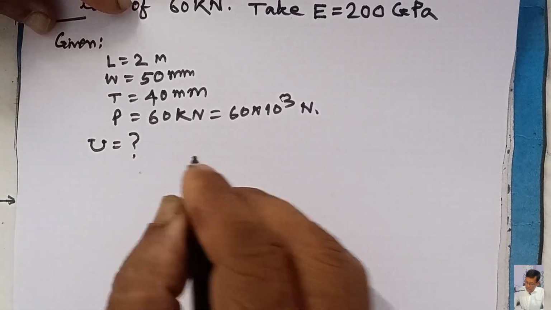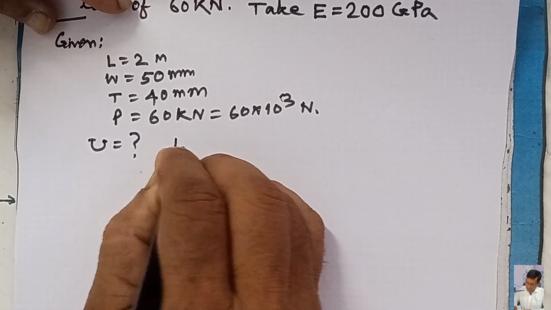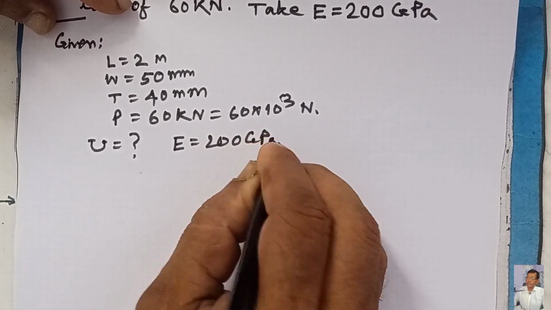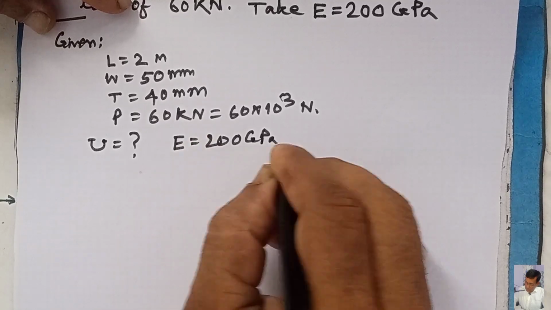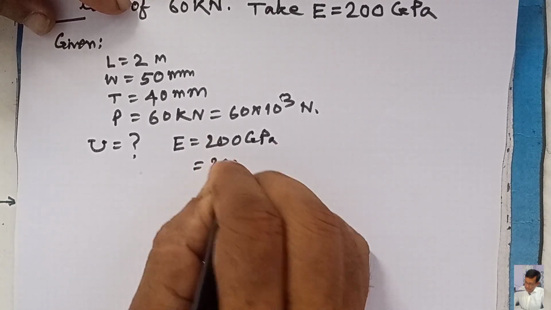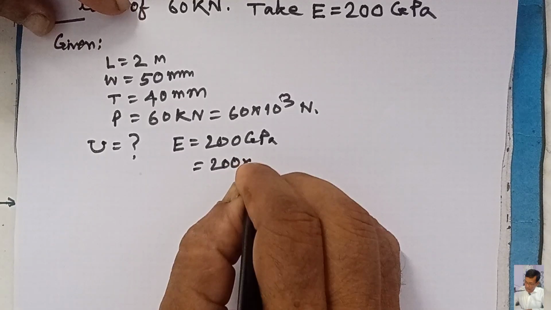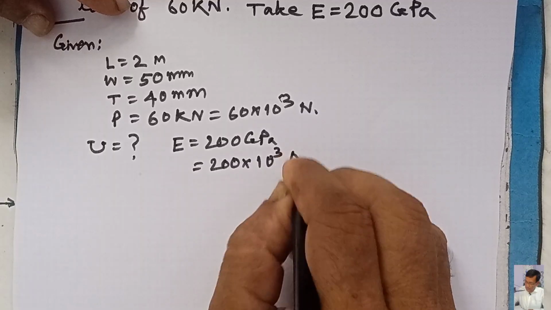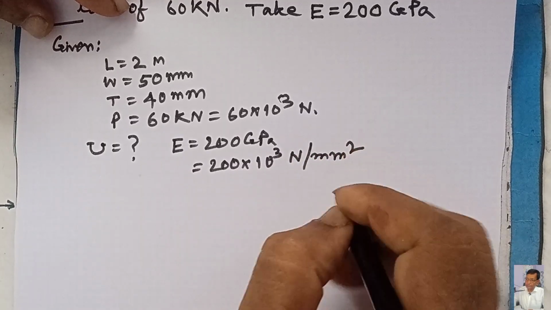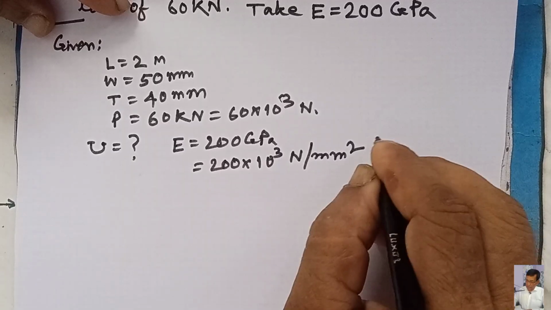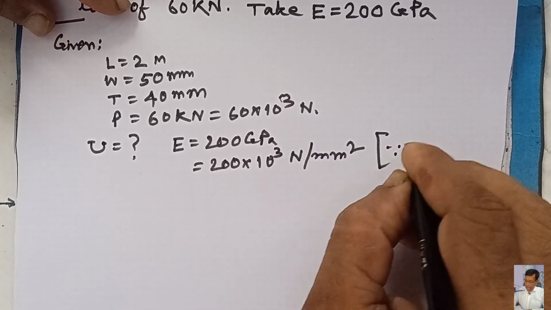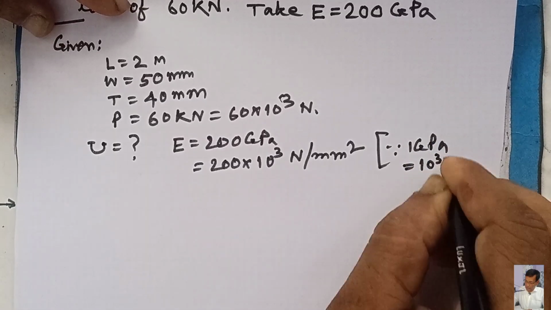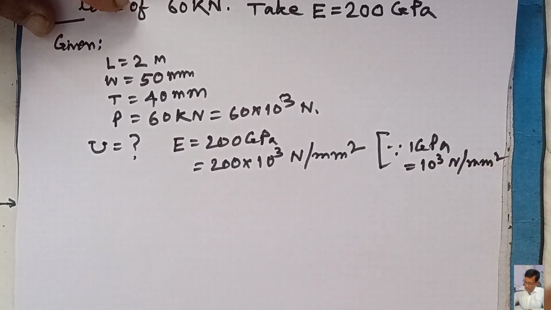And E is given 200 GPa, gigapascal, is equal to 200 into 10 cube Newton per millimeter square, because 1 gigapascal is equal to 10 to the power cube Newton per millimeter square.